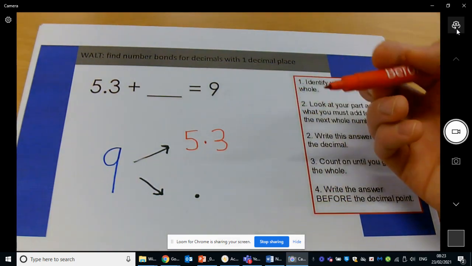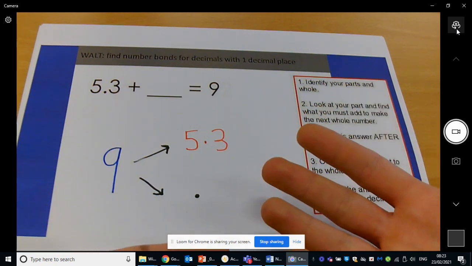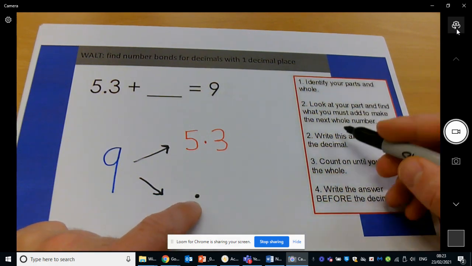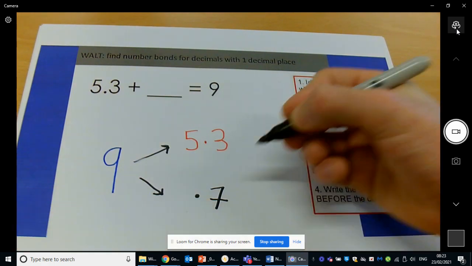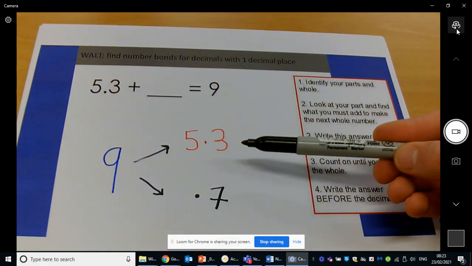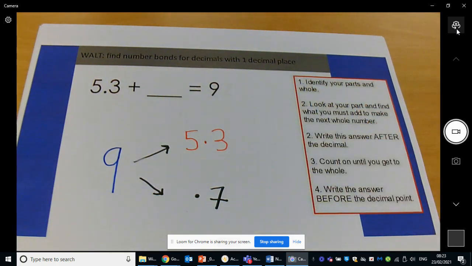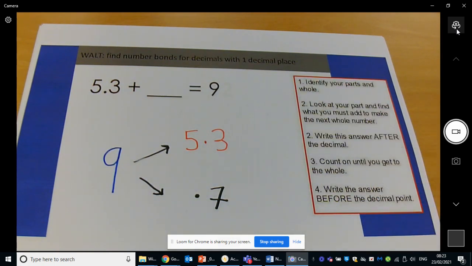So that's going to be 0.4, 0.5, 0.6, 0.7, 0.8, 0.9, and then that would be 10 tenths, so that's giving me 7. What do I write after the decimal? That answer. And you can start to see a pattern here that the number bonds are always to 10, 3 plus 7, because we need 10 tenths in order to make a whole.